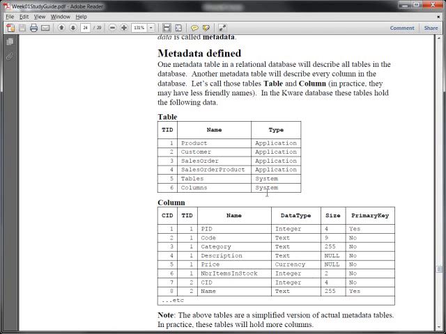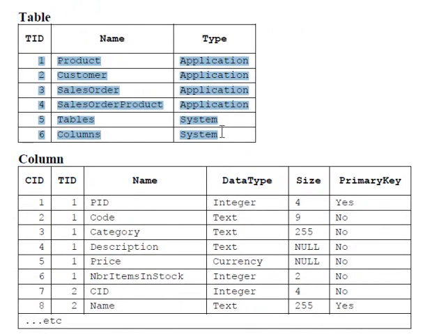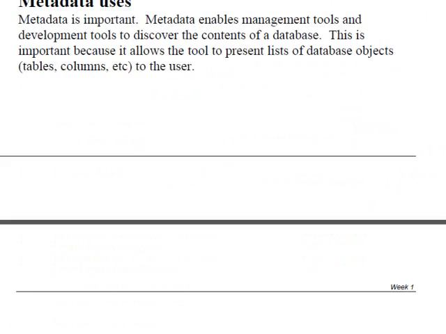So in the from clause, when you say I'm interested in these columns from this table, it can use the data in this table to check whether or not the table you've mentioned is a valid table name. And when you say I'm interested in these columns, it can check this table to check that the column names you've mentioned are valid column names in that table. So these tables can be used to validate a query, but they have other uses as well.